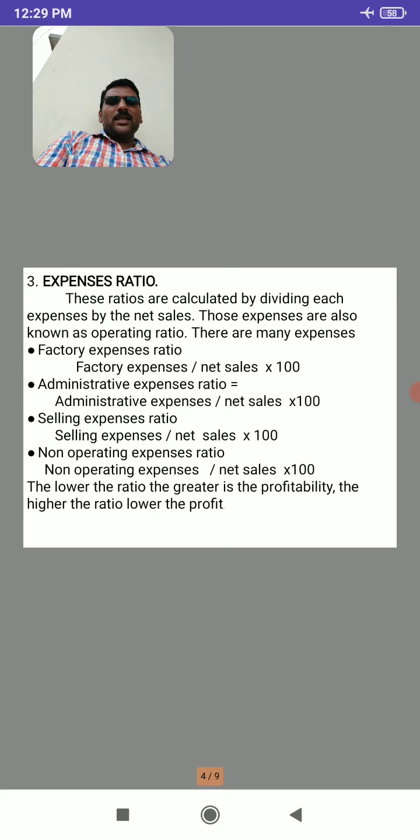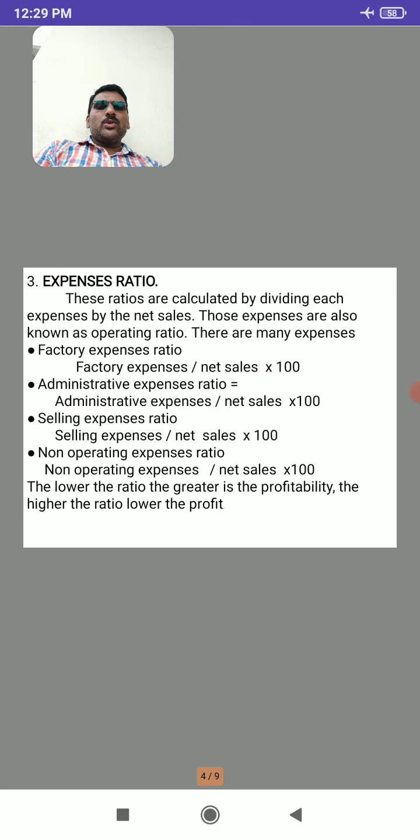All the selling expenses, if they are divided by net sales and multiplied by 100, automatically we will get the selling expenses ratio. And the last one is the non-operating expenses ratio. Here non-operating expenses are divided by net sales and multiplied by 100. So here the non-operating expenses ratio will be calculated.